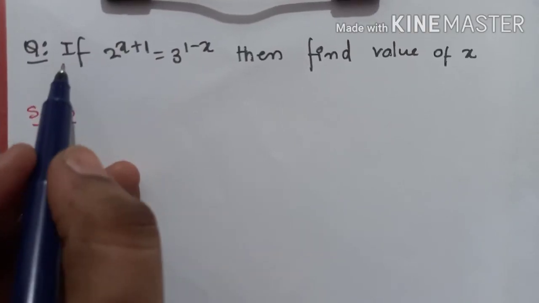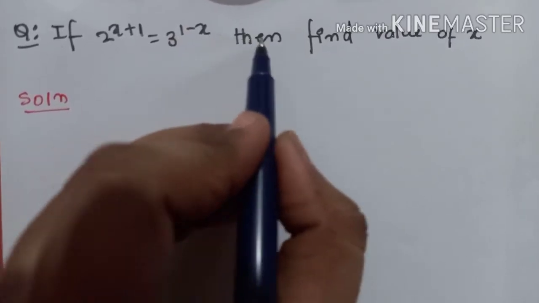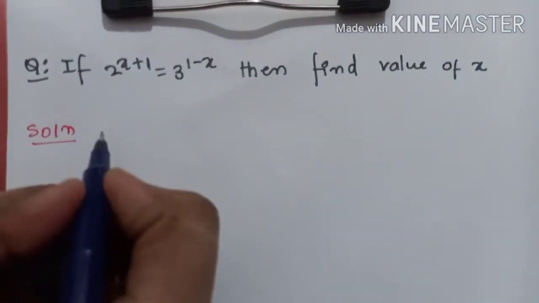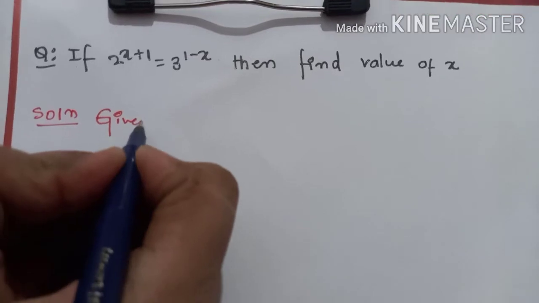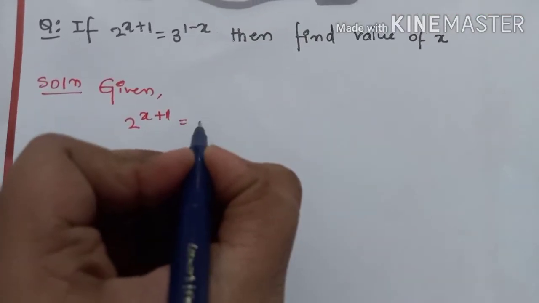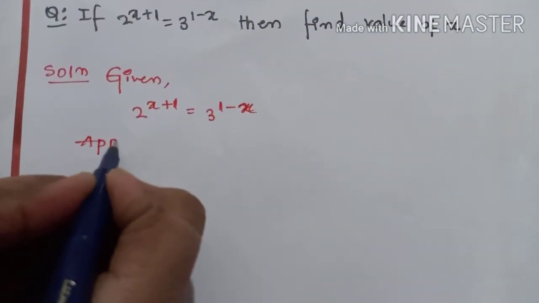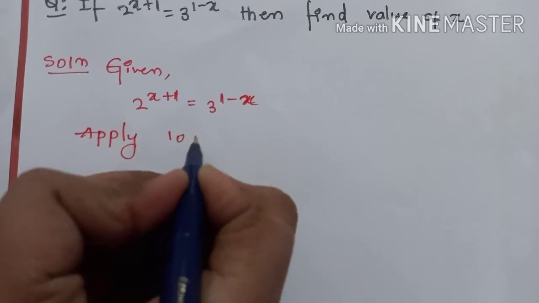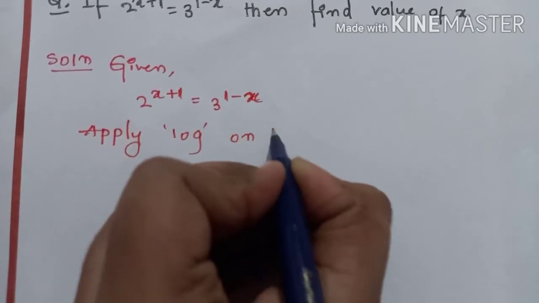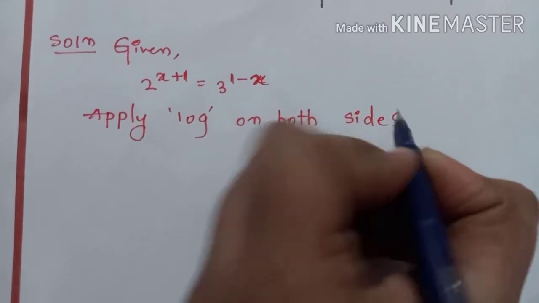Now here is the next question. If 2^(x+1) = 3^(1-x), then find the value of x. So the first and foremost step, given 2^(x+1) = 3^(1-x), apply log on both sides.